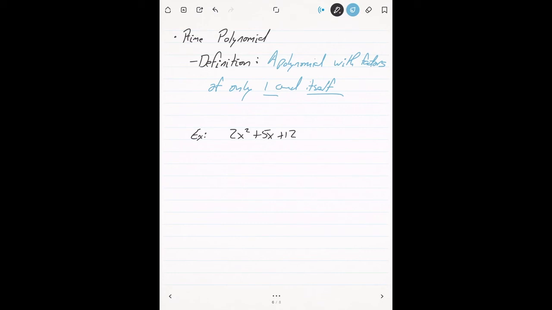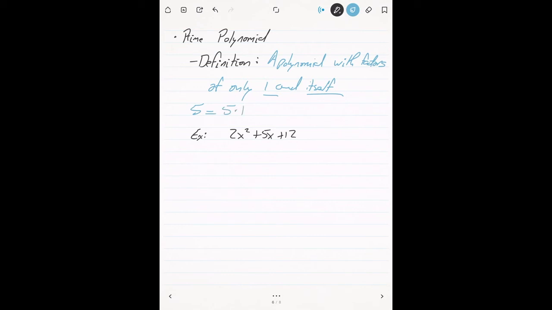Meaning, if you try to factor this polynomial down, it won't break down anymore. The only factors it has are 1 and itself, similar to prime numbers. Remember, a prime number was a number that could only be written with factors of 1 and itself.